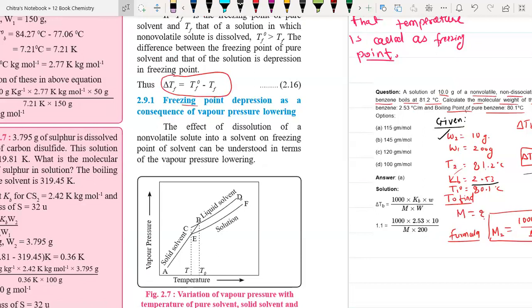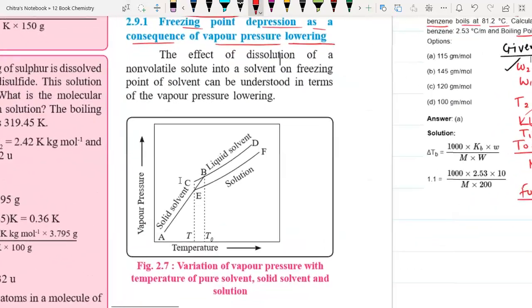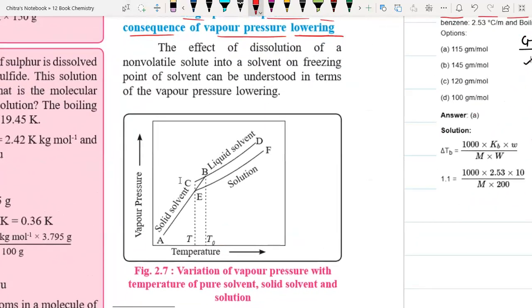Now, freezing point depression is a consequence of the vapor pressure lowering. See, due to lowering of vapor pressure, the freezing point is getting depressed. So here we have a graphical representation of how vapor pressure is going to lower and freezing point is going to depress.